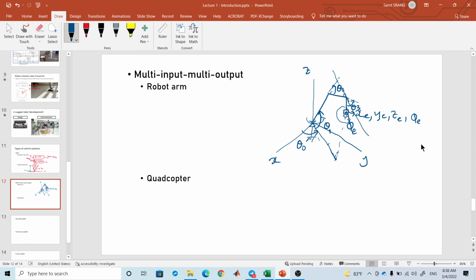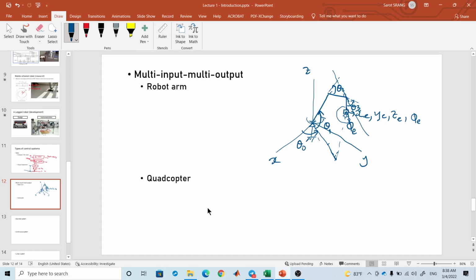But if you want to study all the dynamics of the structure of the robot, so from the motor model with the voltage input and then the output is the position and velocity of the end effector, then you have multiple inputs, multiple outputs. Okay.